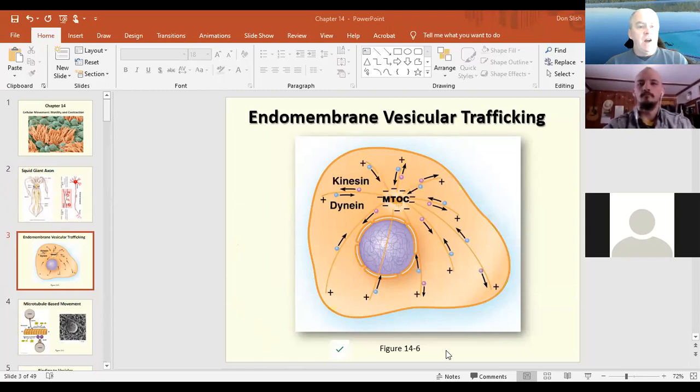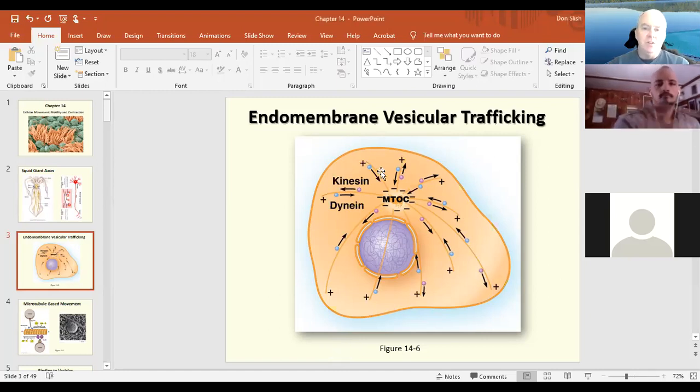So we've got two different kinds of microtubule-based movement, cytoplasmic and axonemal. This is cytoplasmic. We talked about the MTOC in the last chapter and how all the microtubules start here and polymerize away from it. So you've got plus ends away from the center of the cell and minus ends close to the center of the cell.